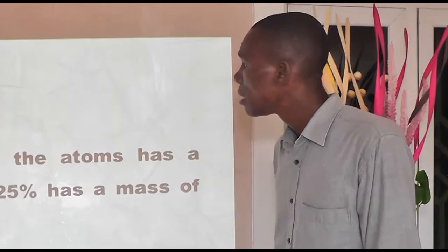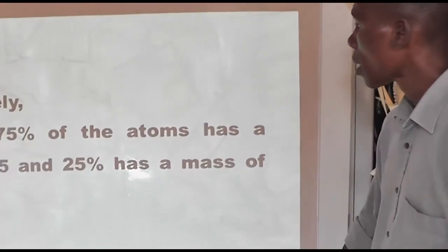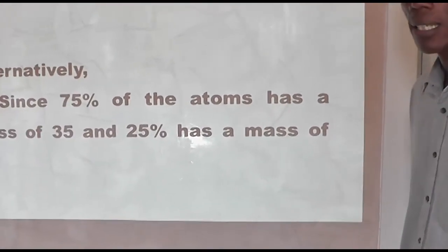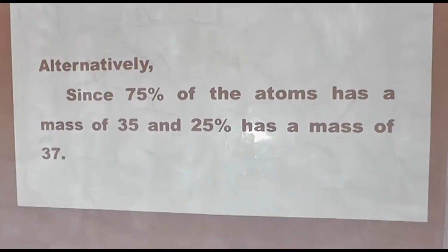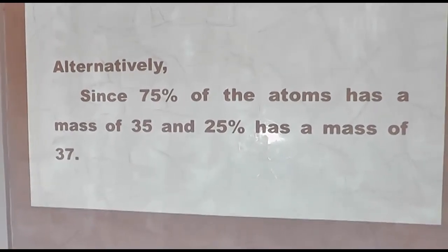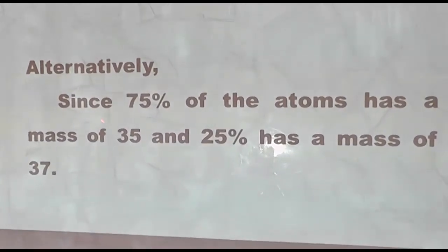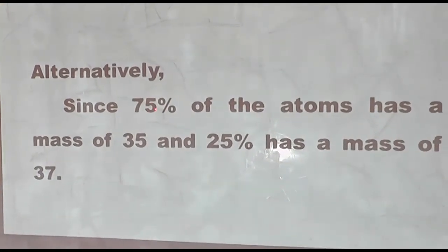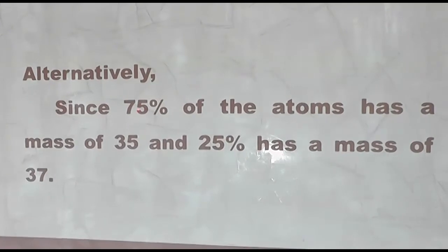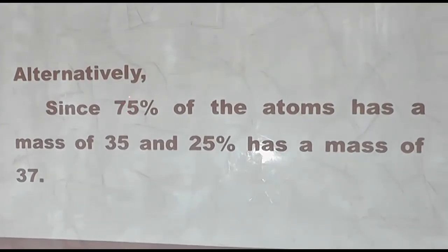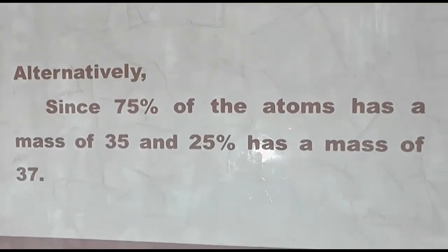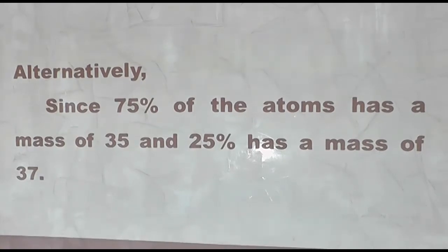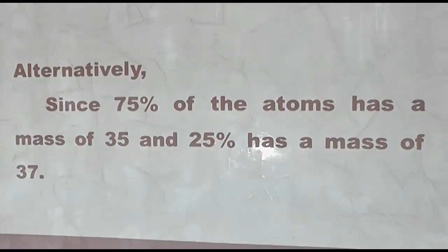Alternatively again, we can decide to use the percentage method directly without finding the ratio. Using the percentage method without finding the ratio, the percentage abundance of the first isotope, chlorine-35, is 75%, and the second, chlorine-37, is 25%.